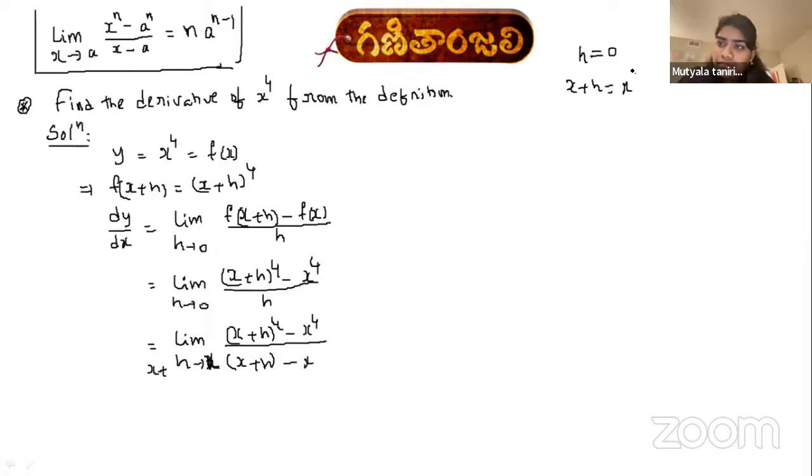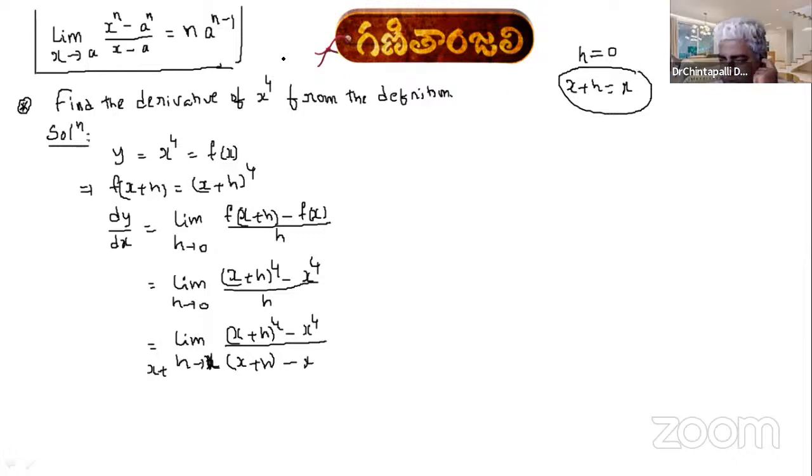Compare this with the formula: x tends to a, here x plus h tends to x.